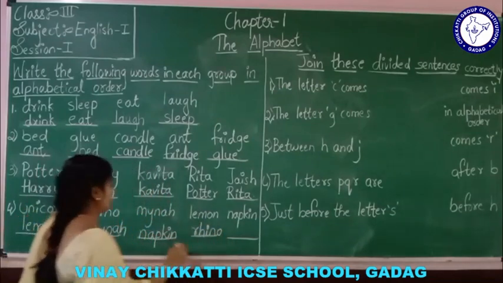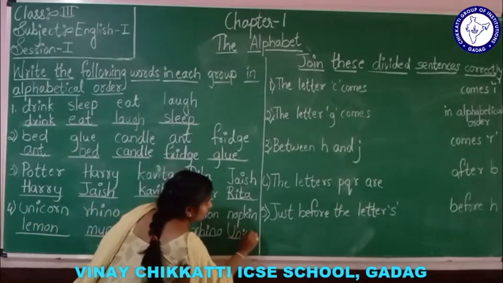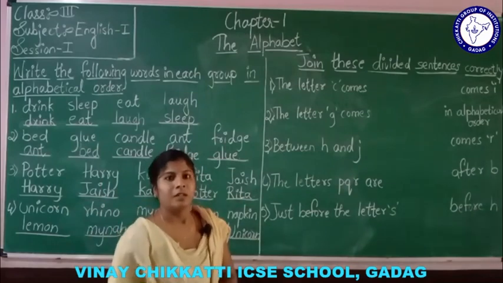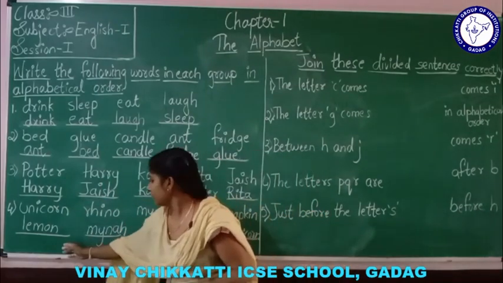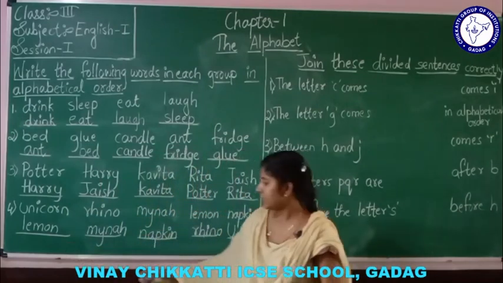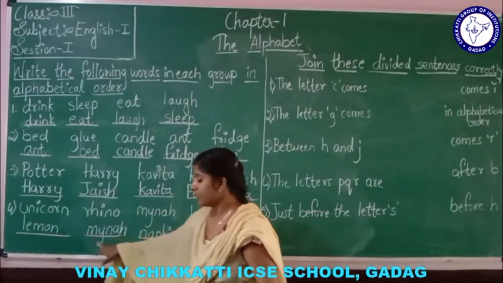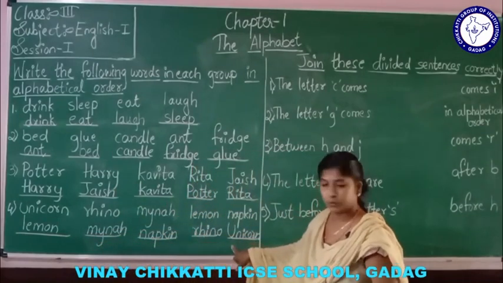And last one it is... finished writing. Let's check the answer now. See, first one it is lemon. L, L, next M, next it is N, R and U.